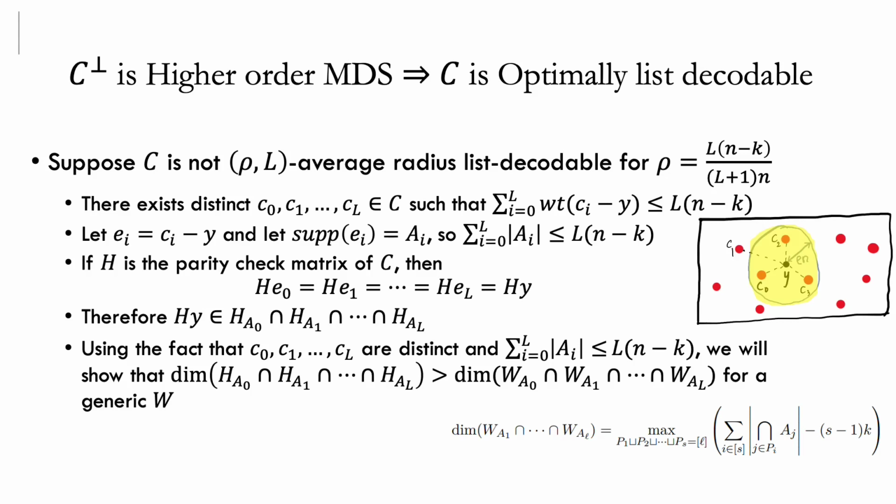And this is because we can compute the generic intersection using the generic intersection dimension formula and show that Hy is one more than anything in the intersection of H that arises from these generic intersections. And this is a contradiction since our dual code is MDS L plus 1.